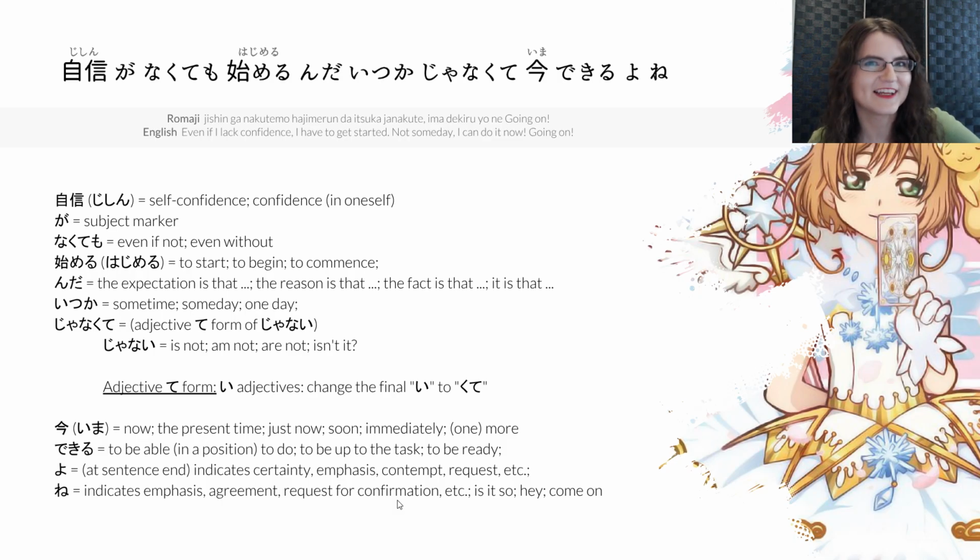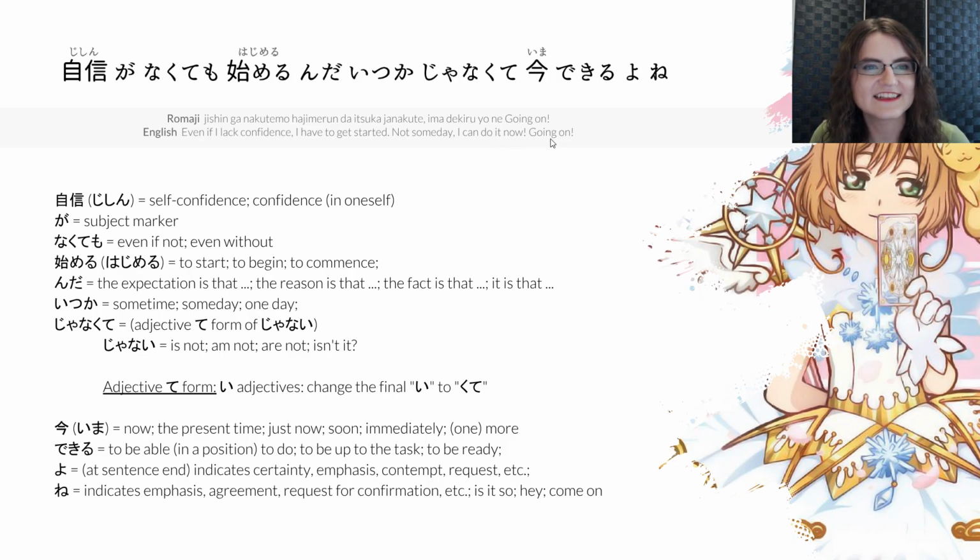You agree with me. That's how ne is working here. So it's like, even if you don't have self-confidence, you need to start, not someday, no, you need to do it now. And so the English turns out like, even if I lack confidence, I have to get started, not someday, I can do it right now.